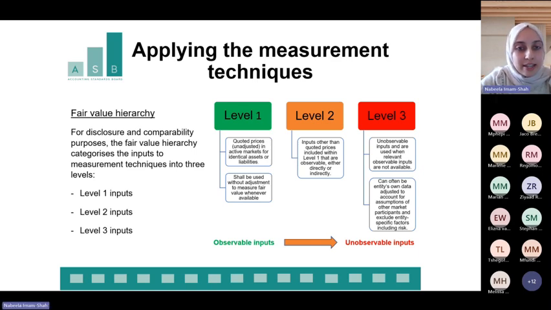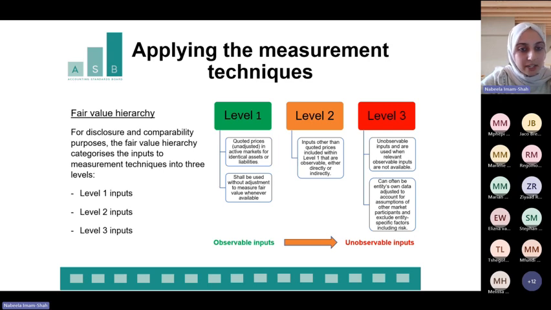What I was saying here is that entities may be familiar with this already if they are familiar with IFRS 13 on fair value measurement. Now, for disclosure and comparability purposes, the fair value hierarchy categorizes the inputs to measurement techniques into 3 levels: level 1 inputs, level 2 inputs, and level 3 inputs.